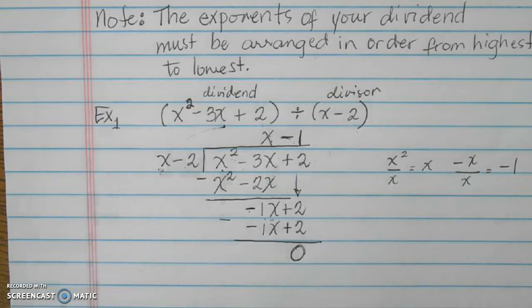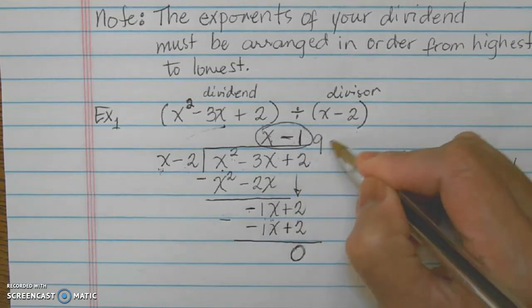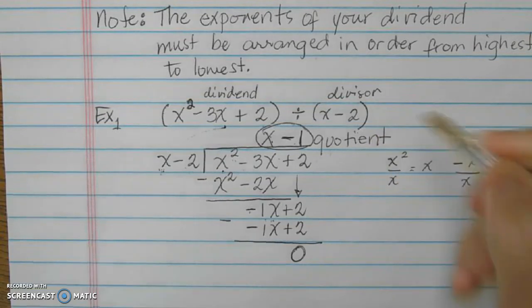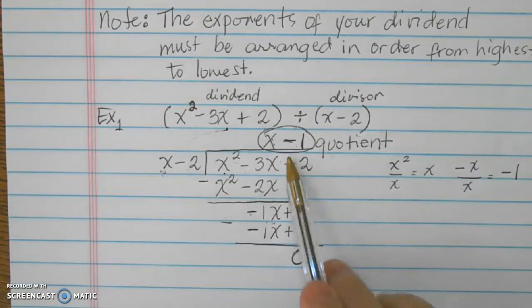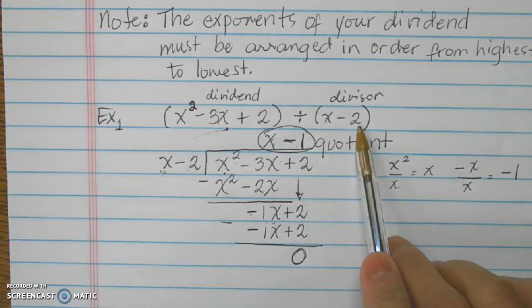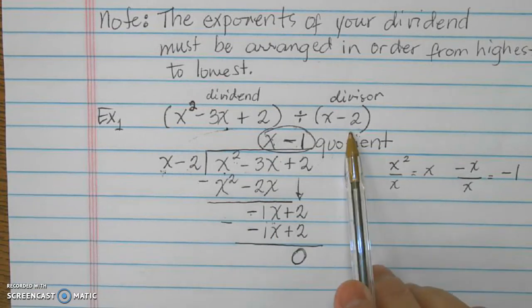So you have 0 remainder. Therefore, this is the quotient. So let's label that. That's your quotient. The way to check it is if you multiply this binomial with this divisor, you must come up with this trinomial. And that's how you would check it.